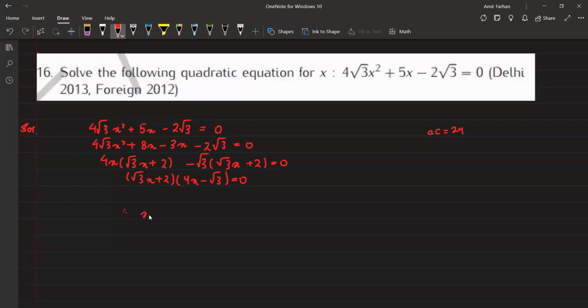So x will be equal to minus 2 by root 3, or x will be equal to root 3 by 4. देखो इसको basically rationalize कर लेते हैं. So that is root 3 into root 3, equal to minus 2 root 3 by 3. So these are the two values.